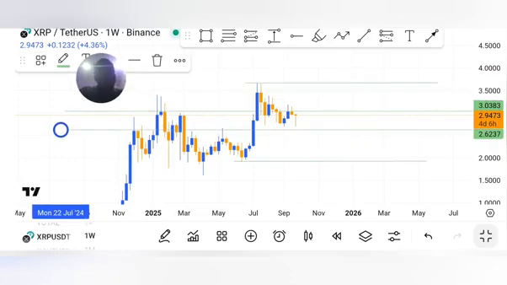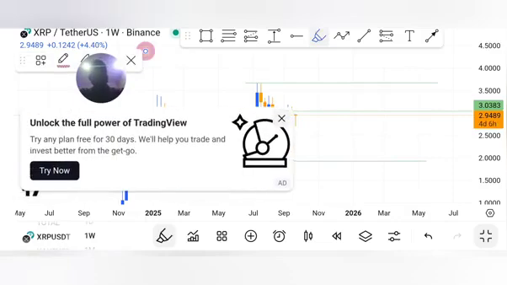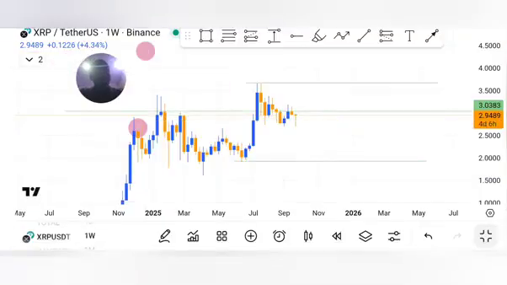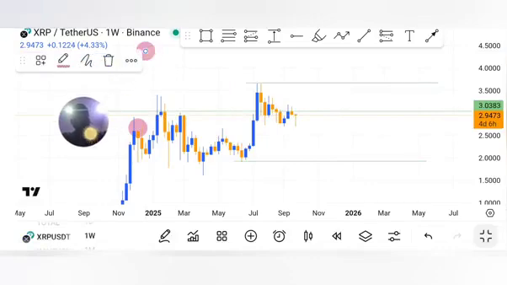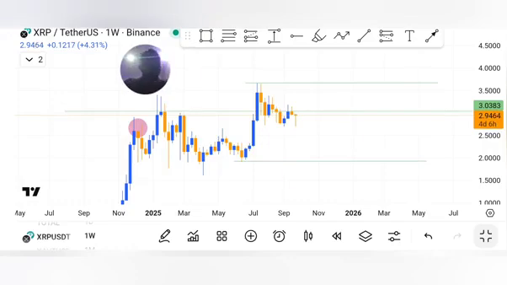And this is my weekly previous structure. If I place this here, just to reference the previous structure.